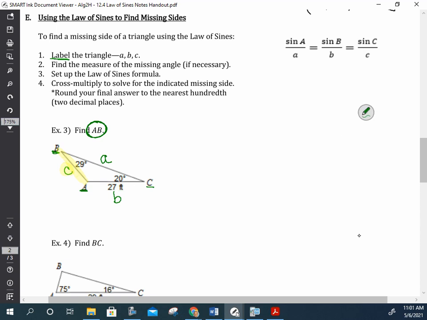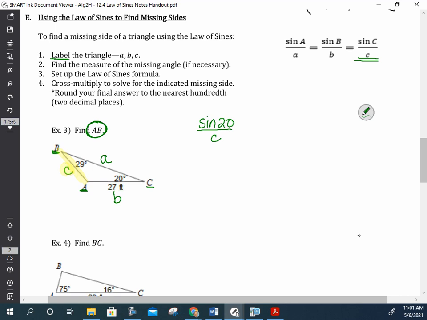If we look at the formula, that means we have to use that part of the formula, since that's what's missing. So one part of our formula is going to be sine of 20 over C. Remember, capital C is the angle, so that's why the 20 went in. The side is the lowercase letter, c. But now we need another fraction.